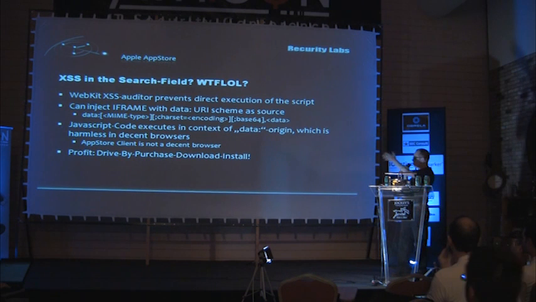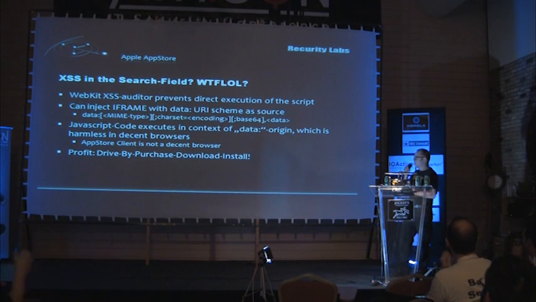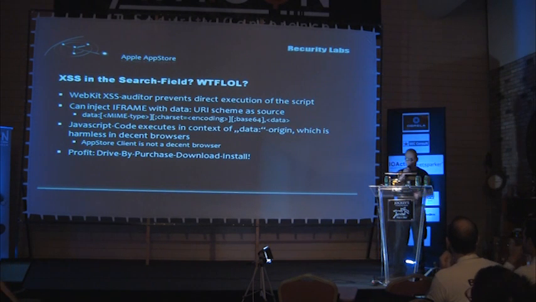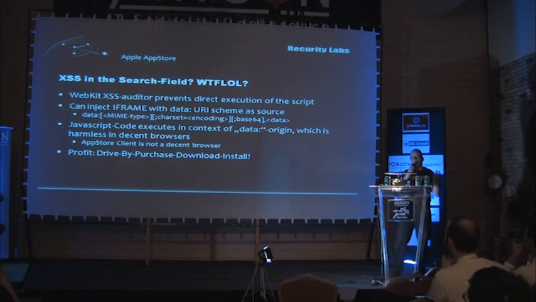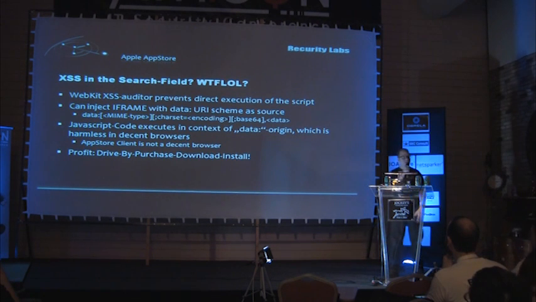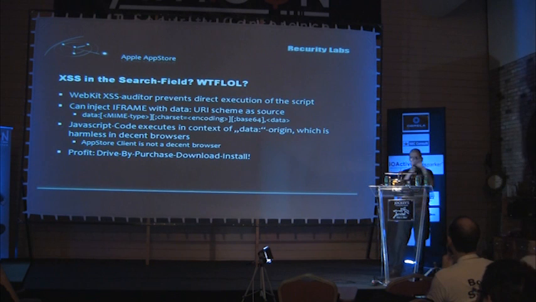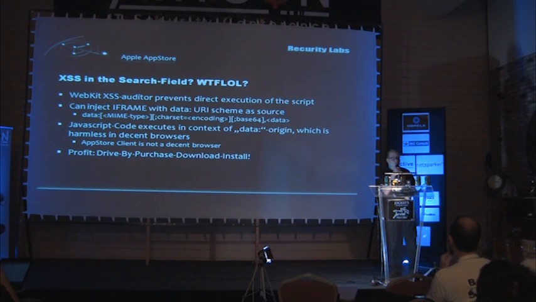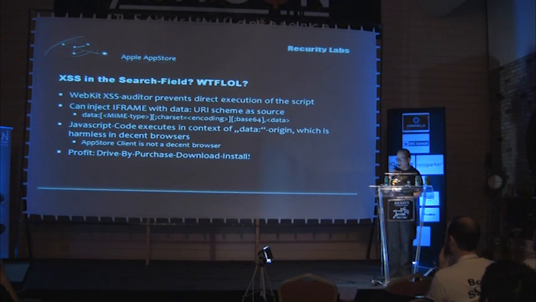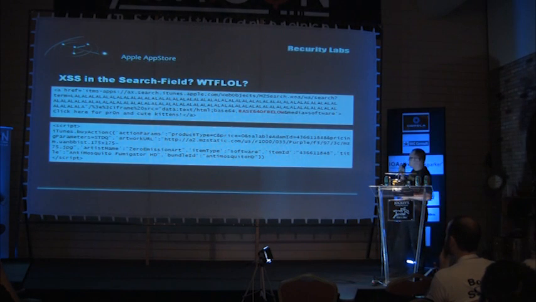So there's JavaScript code that we execute in the context of the data origin, which is considered harmless by the browser. And so what we get is we can inject JavaScript that essentially does drive-by purchase, download, install, run applications on your Apple devices. This is how you do it.